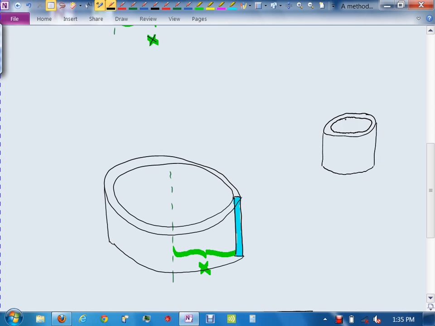So do you remember when we did the washer? The way we came up with the formula pi outer squared minus inner squared was to say, what's the volume of a cylinder? And the volume of a cylinder was pi r squared h. So now we need to come up with a formula that we can use for the volume of a shell.